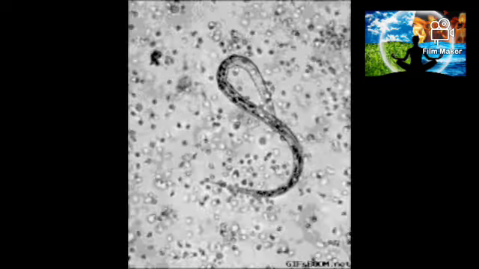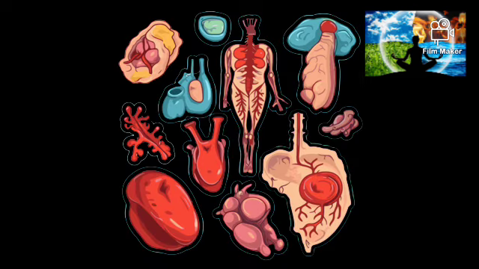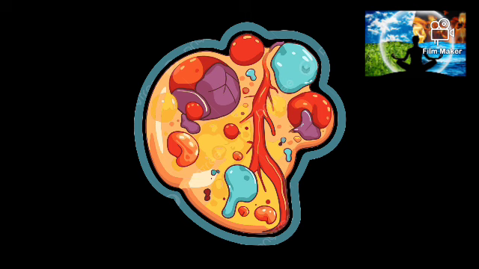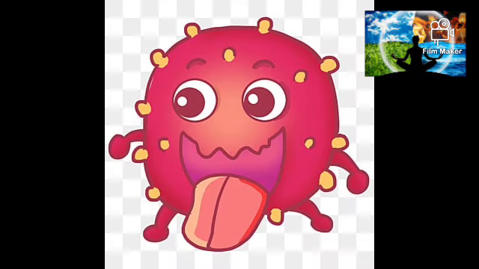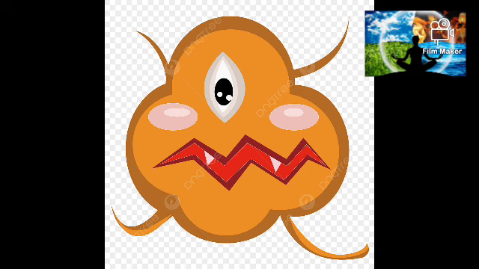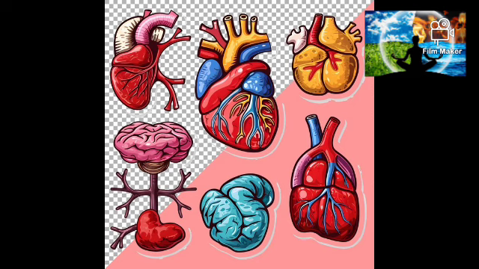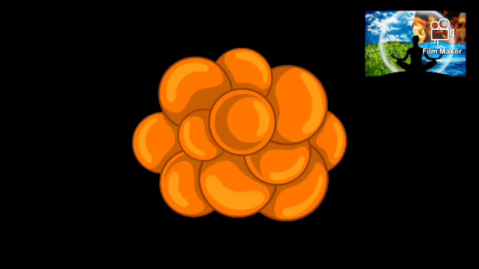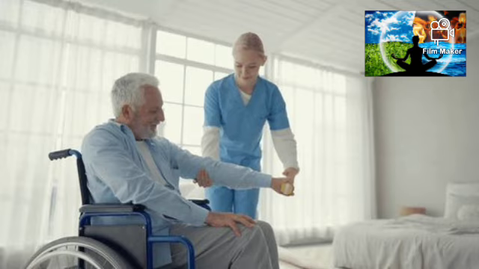Giovanni B. Morgagni, who is the father of pathology, and John Hunter, who is the father of museum and pathology. Paul Ehrlich, who is the father of clinical pathology. Marcello Malpighi, who is the father of histology. Virchow, who is the father of cellular pathology. Carl Landsteiner, who described the blood grouping system. And George N. Papanicolaou, who is the father of exfoliative cytology. The father of pathology is Rudolf Virchow.